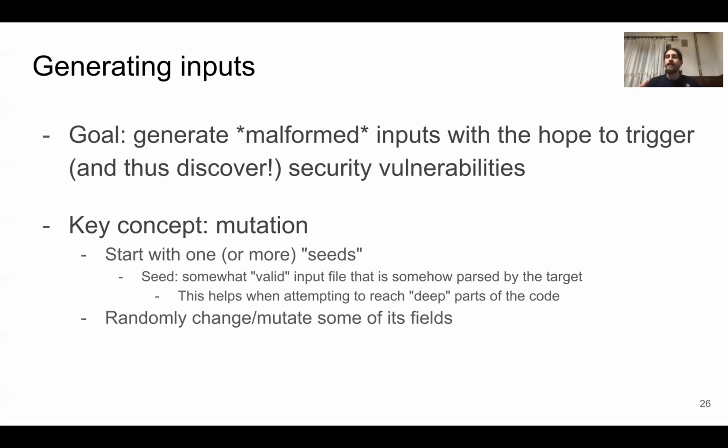So if you have an image file parser, for example, the first 4 bytes should be a specific magic number, or the specific header. If these bytes are not exactly what the parser expects, the parser doesn't do anything. And it would be a pity to lose a crazy amount of time just brute forcing these 4 bytes.